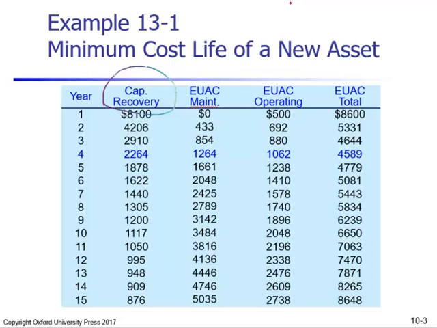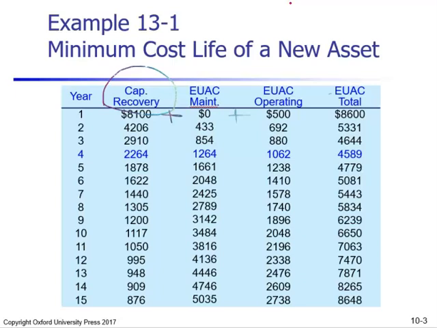EUAC maintenance, everything should be EUAC, because we want to come up with the minimum cost life, and minimum cost life is the number of years in which EUAC is minimum. Operating cost 500, and what is EUAC total? Summation of all these things, 8100 plus 0 plus 500, that is 8600.